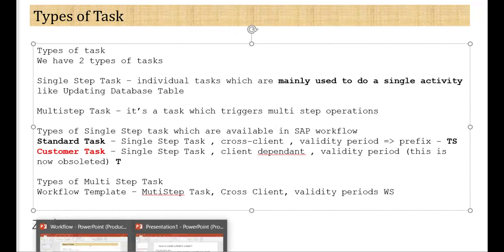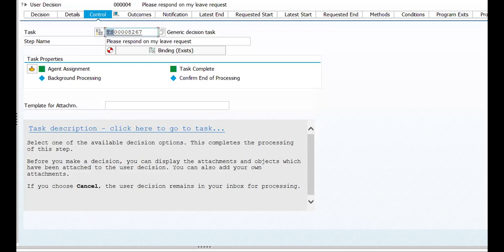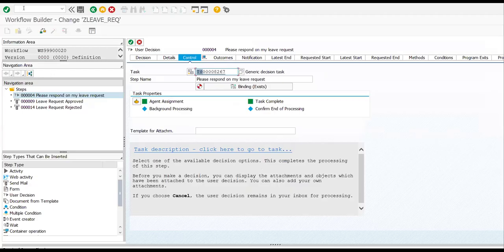Let me show you quickly in the system. You can see, guys, this is a workflow template only. This is a multi-step task. Whenever we have this particular scenario, this is my multi-step task, and we call it a workflow template.